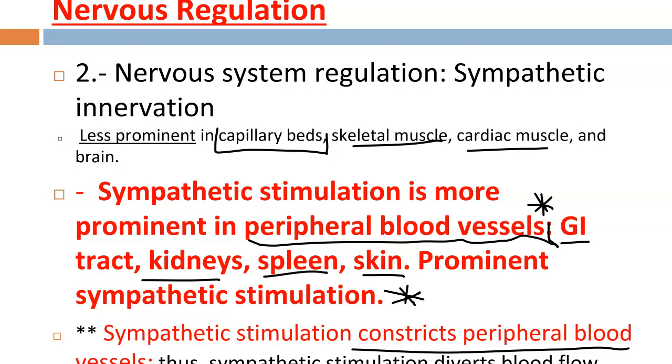What that means is that blood flow to the peripheral organs is going to be diminished. So sympathetic stimulation will diminish blood flow to peripheral blood vessels, so there will be less blood flow to peripheral blood vessels, and that means that more blood will be available to the more important organs, which will be skeletal muscle, cardiac muscle, brain.